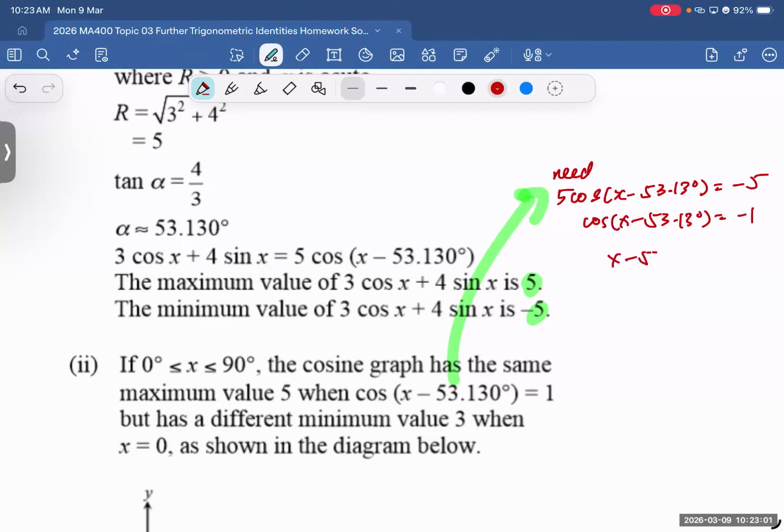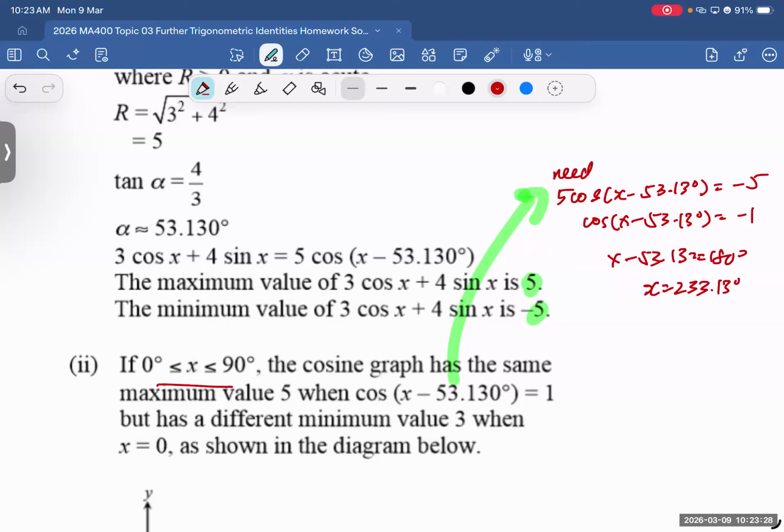So x minus 53.13 will be equal to what? Cosine of what value gives you -1? Remember the cosine graph looks like this. 180. Very good. That means x is equal to 233.13. So is it possible? Cannot, because the range is only up to 90.